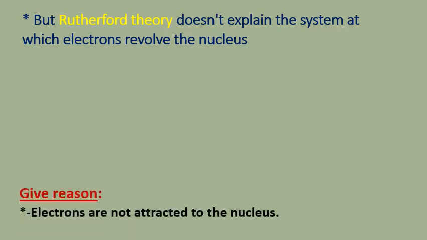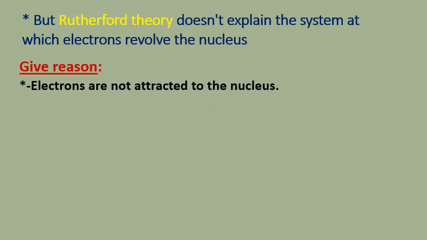Okay, let's see a very important question. Why are the electrons not attracted to the nucleus? As we said before, the electrons are affected by two forces. Number one, the attraction force between the nucleus and the electrons, and the opposite force that prevents the attraction between them, which is called centrifugal force.